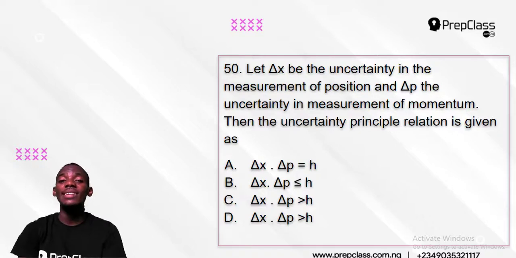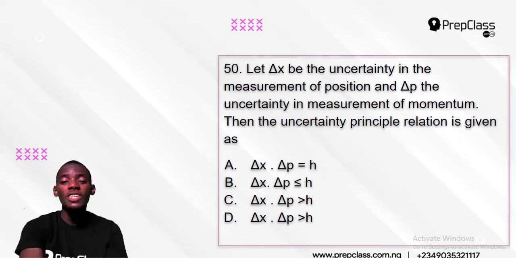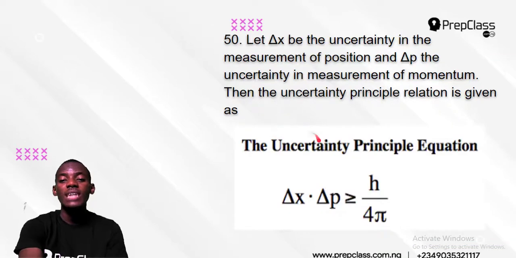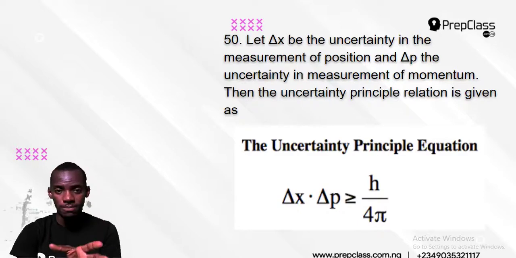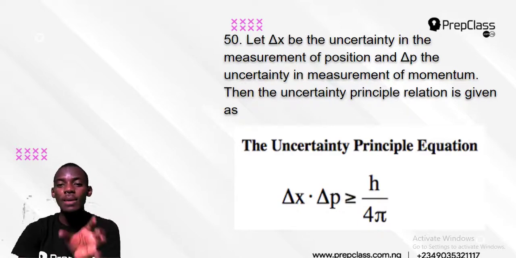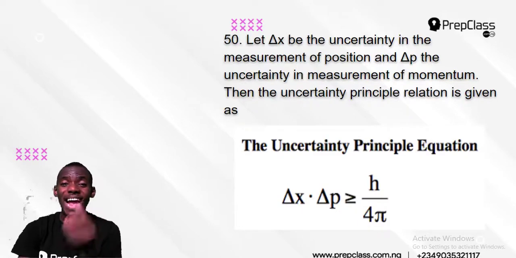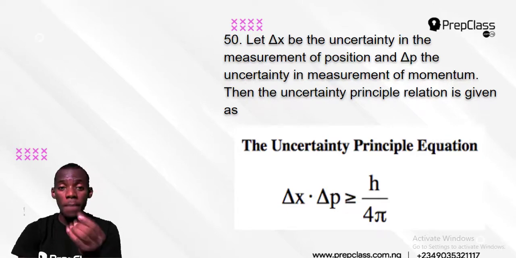Heisenberg is a German scientist who postulated what we call the Heisenberg uncertainty principle. And that principle is very, very simple. The principle said that it is impossible to precisely state the position and momentum of a body. It is impossible to precisely measure the position and momentum of a substance.